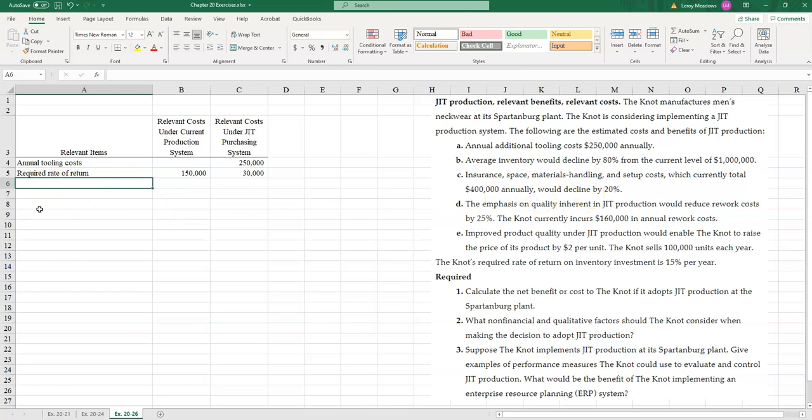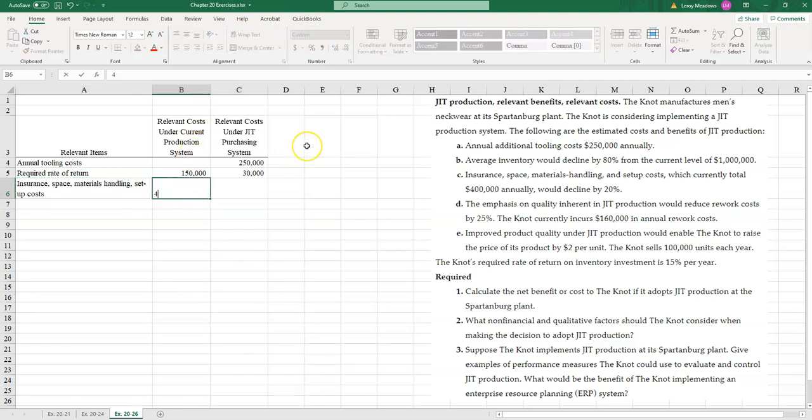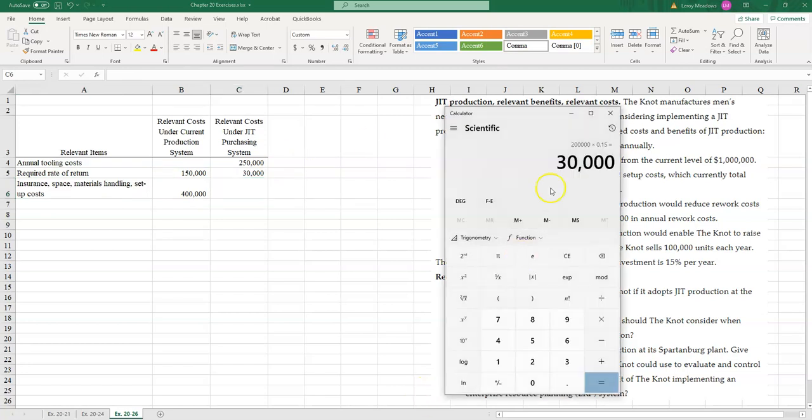So my insurance, space, materials handling, and my setup costs are currently at $400,000, but they're going to be reduced by what? 20%.